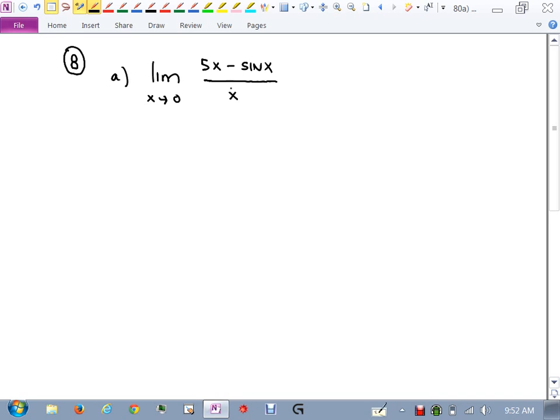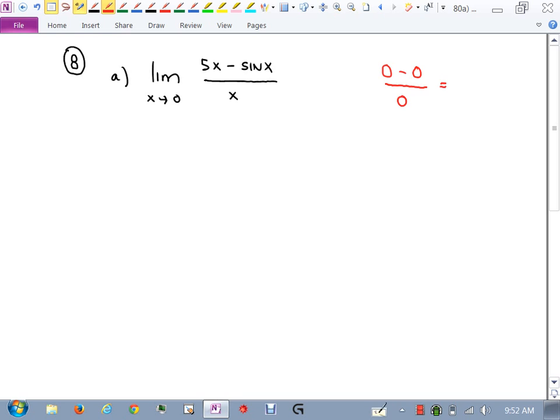All right, so let's talk about what's happening here. You always try direct replacement. X is 0, and see what you get. 5 times 0 is 0, so I'm getting a 0 in the top left corner, minus sine of 0, which is again 0, over 0.